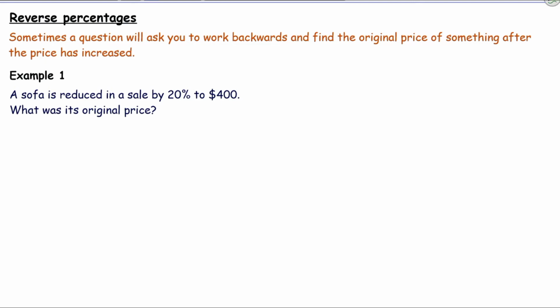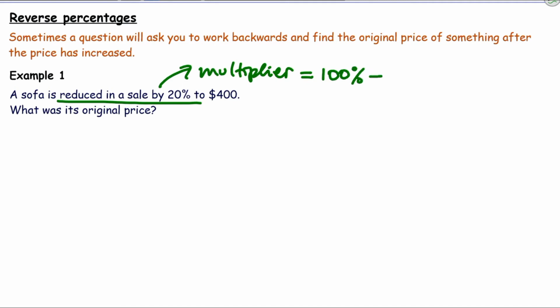to $400. Now we know that if you reduce a price by 20%, the new price will represent 80% of the original price. So the first thing that we have to do is to find the multiplier. So basically here, the multiplier will be 100% minus 20%, which is equal to 80%.